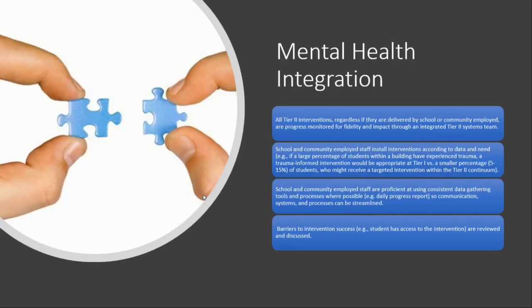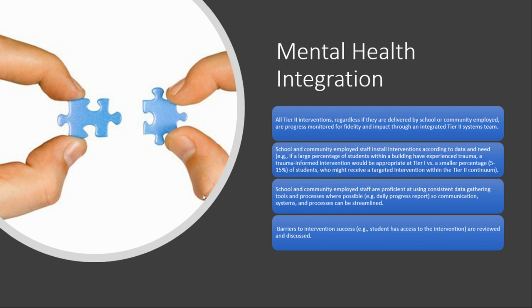Some mental health integration strategies: one, all Tier 2 interventions, regardless of whether they are delivered by school or community employed members, are progress monitored for fidelity and impact through an integrated Tier 2 systems team. So whether they are receiving intervention supports from that Tier 2 team or a community partner, that data is being tracked and their response to those interventions is being tracked.